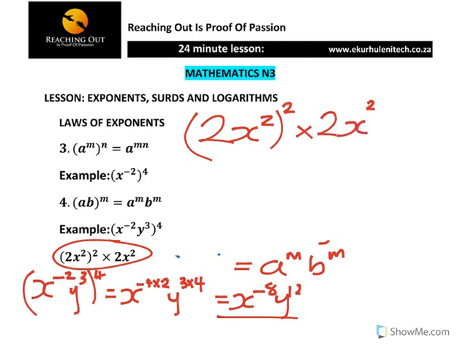I want you to take note of the analysis. Now this power 2 here, let me not erase it but just round it nicely, it's affecting the 2 and affecting the x, but now this power 2 is only affecting this x, not the 2. Do you see how the brackets are influential?